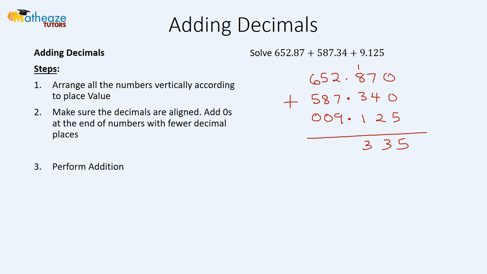So we put a 3 here, and then we bring the 1 up here. 1 plus 2 is 3, plus 7, that's 10, plus 9, that's 19. 9, and we bring a 1 up here. 1 plus 5 is 6. 6 plus 8 is 14. So we have a 4, and we bring a 1 up here. 1 plus 6 is 7. 7 plus 5 is 12. Plus 0, we have 12. So that is how you add decimals.